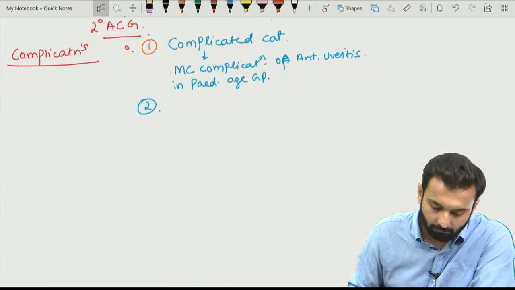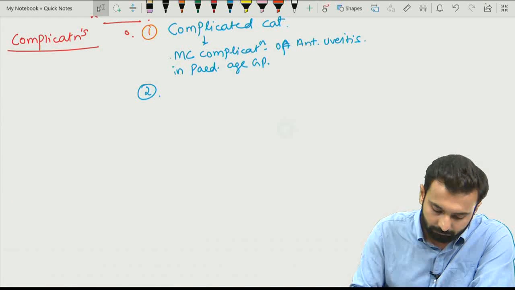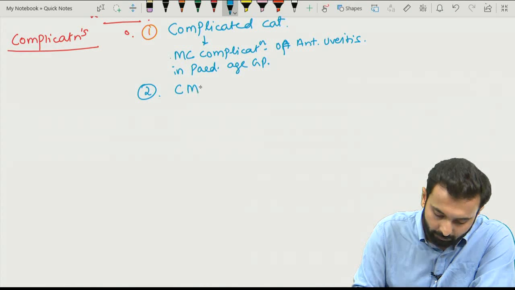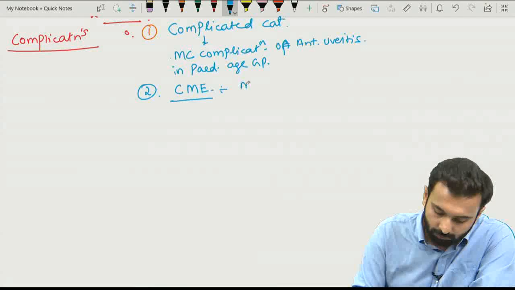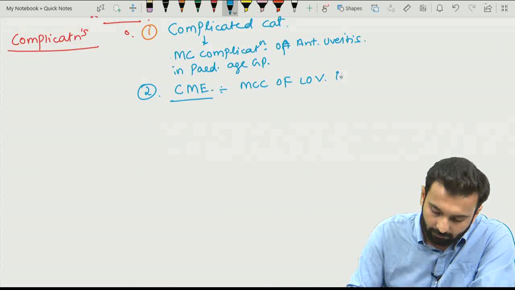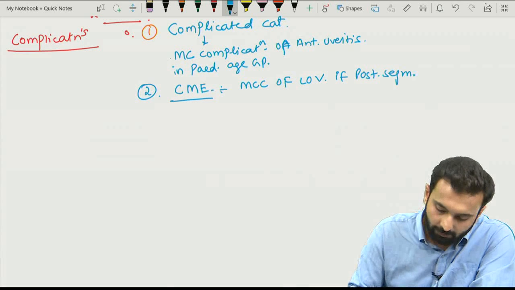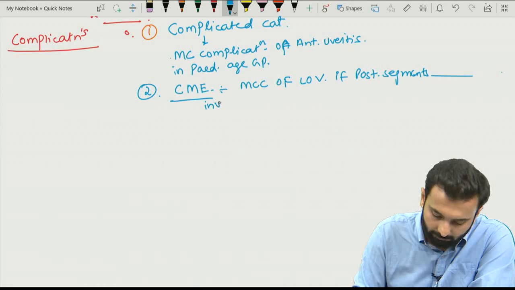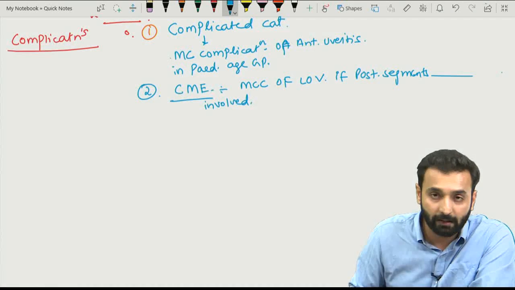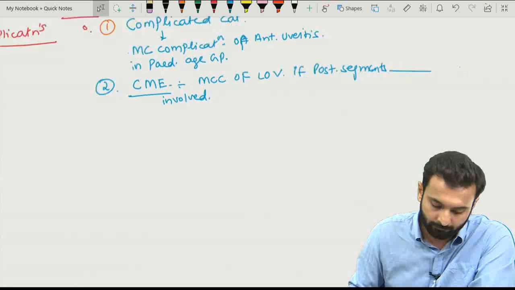Second complication, what you will see is cystoid macular edema. You can see cystoid macular edema also, which is the most common cause of loss of vision if posterior segment is also involved in anterior uveitis, right?